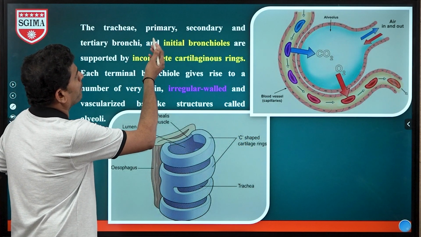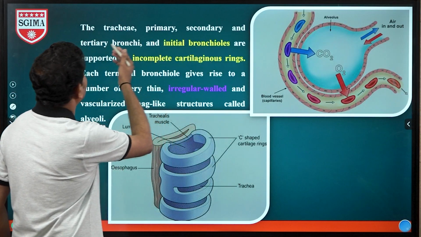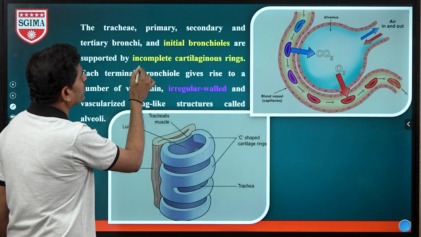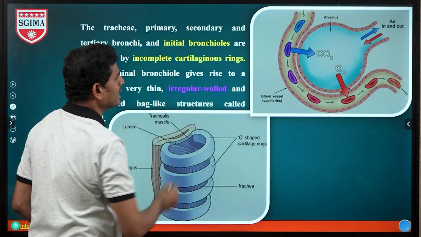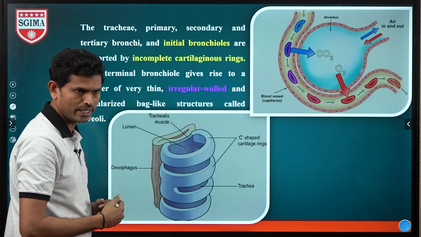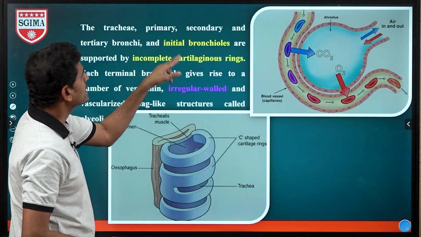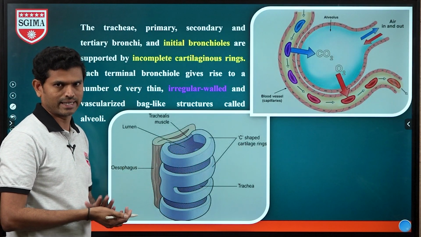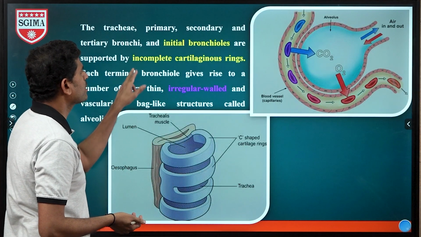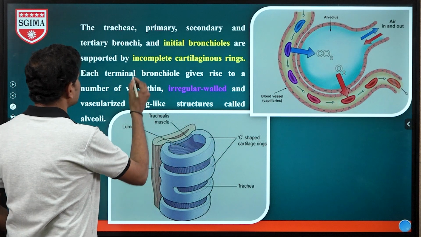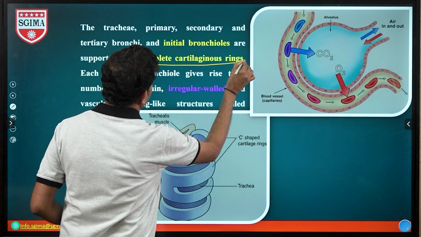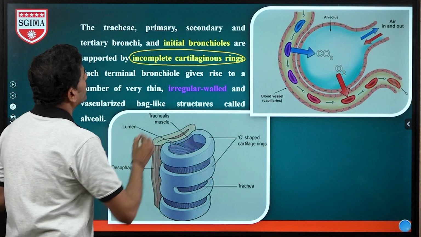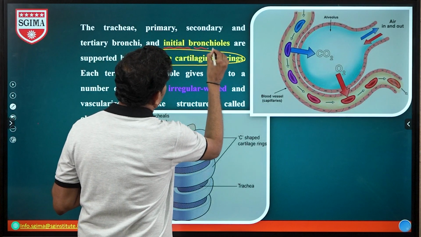The trachea, primary, secondary, and tertiary bronchi, and initial bronchioles are supported by incomplete cartilaginous rings. We already discussed that in the respiratory tree. Which ones? Trachea, primary, secondary, tertiary bronchi, and initial bronchioles, maybe primary and secondary. These are supported by incomplete cartilaginous rings. You should remember that among bronchioles, it is the initial bronchioles only.